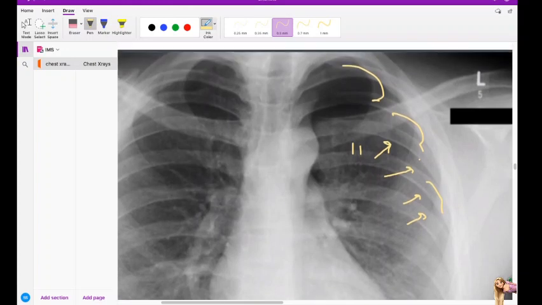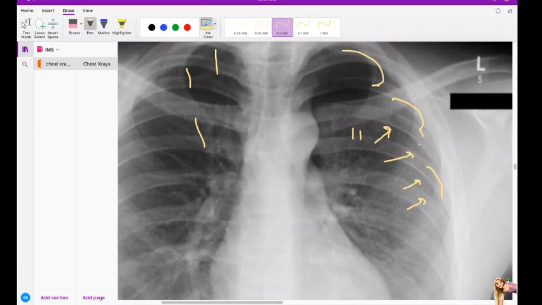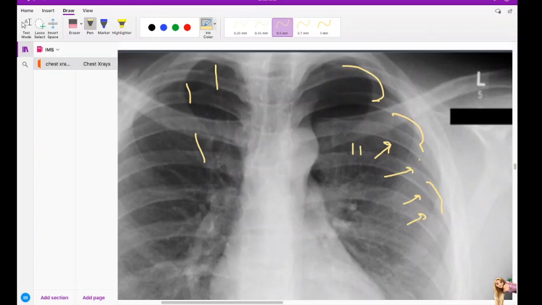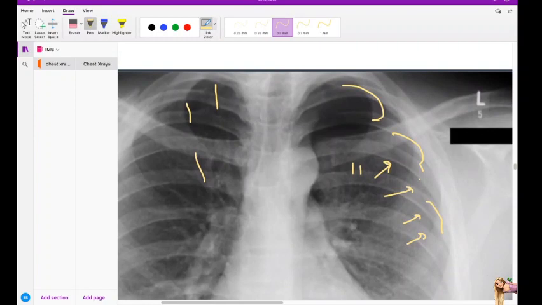Even on this side you're able to see lung markings, not as clear as this side. So pneumothorax is a visceral pleural line and no lung markings beyond that line, which represents that there is air on this side.